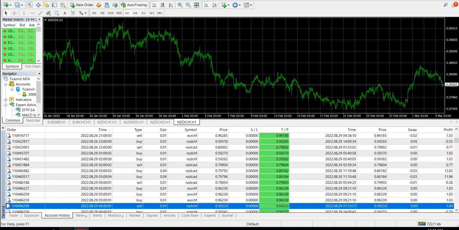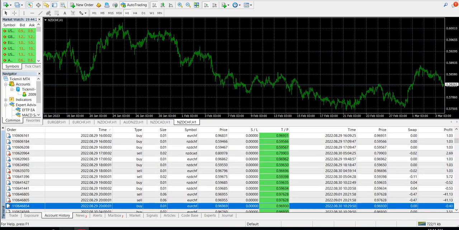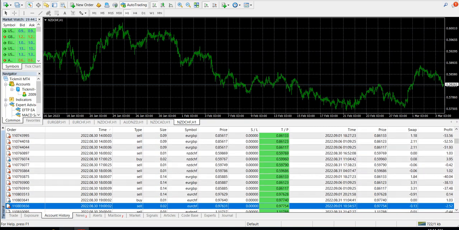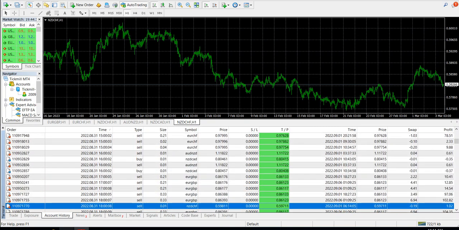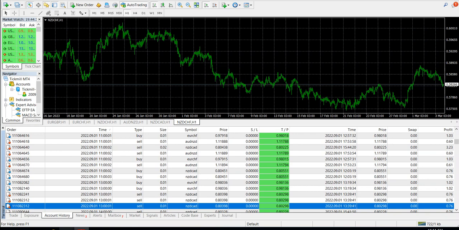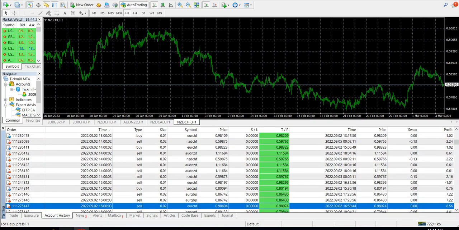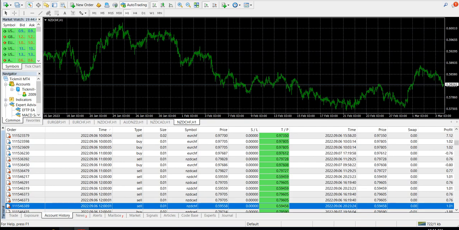What I mean is, if you would like to use a Euro pair, then you could use 1 Euro pair out of Euro USD, or maybe Euro GBP, or maybe Euro CHF, whatever. If you would like to use a New Zealand dollar pair, then you could use NZD USD, or NZD CHF, or NZD CAD, one out of these 3. Similarly for AUD.